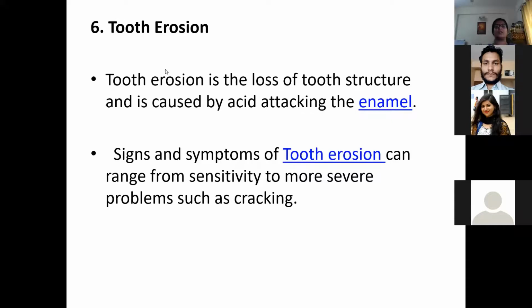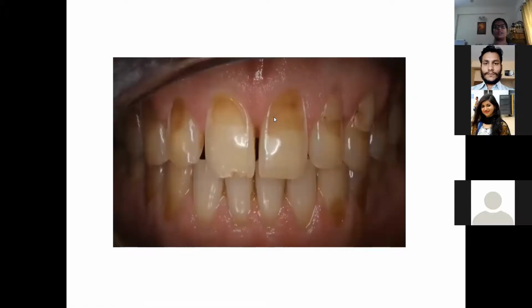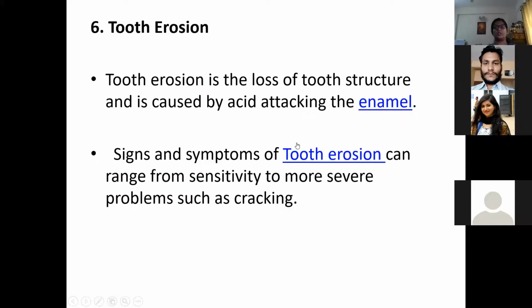You can see in the diagram how the tooth structure is affected by this kind of tooth erosion. The teeth become more sensitive and prone to cracking. It's mainly caused by acid which attacks the enamel, leading to the loss of the tooth structure.